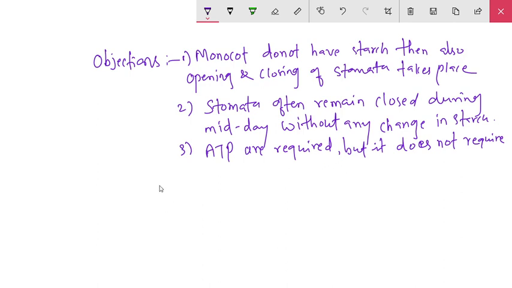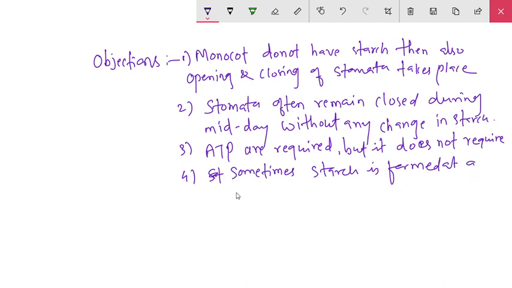Then the next objection: at some instances, starch is formed at a pH found during the opening of the stomata.